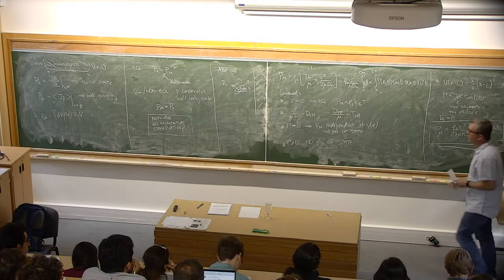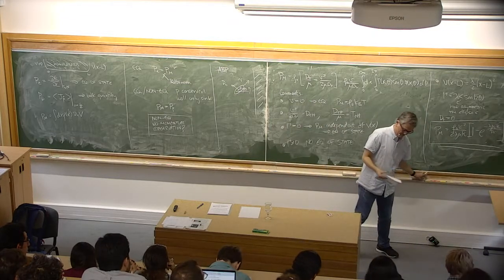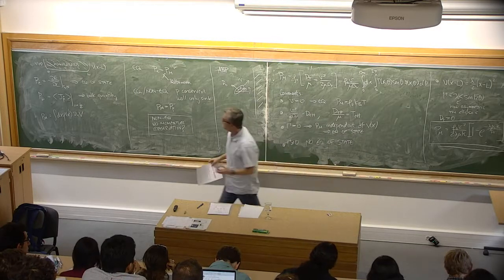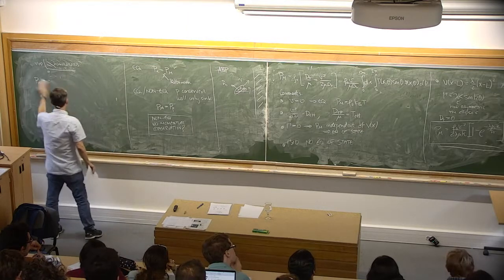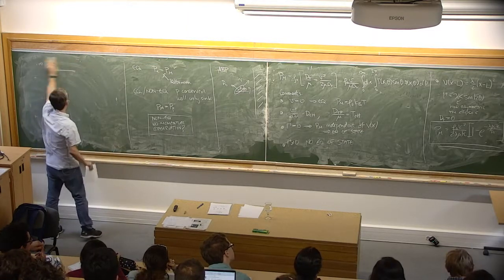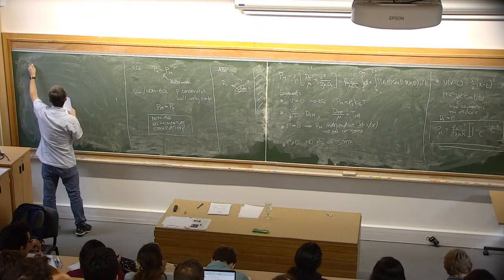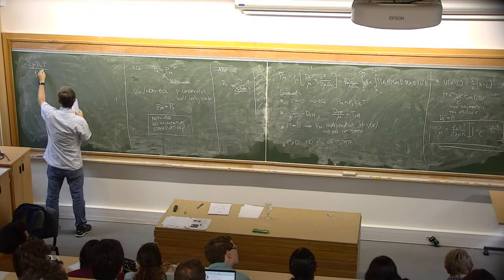And I want to draw the result just to hammer in one thing. So if I draw 2 mu dr p over rho 0 v squared.